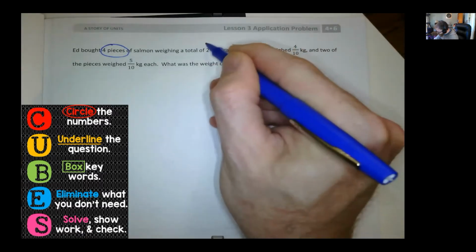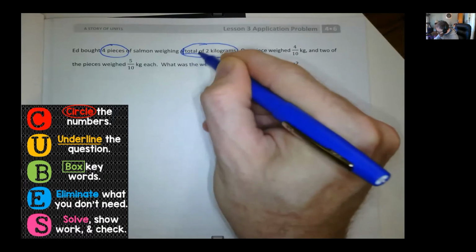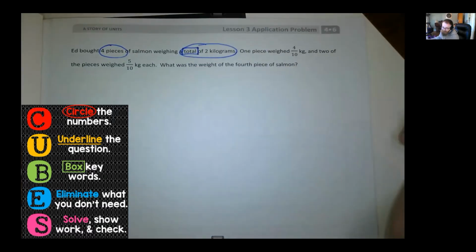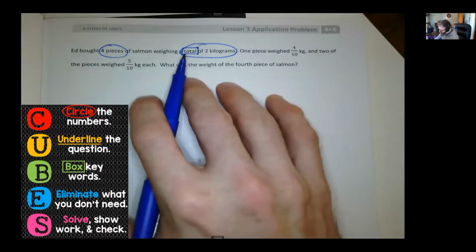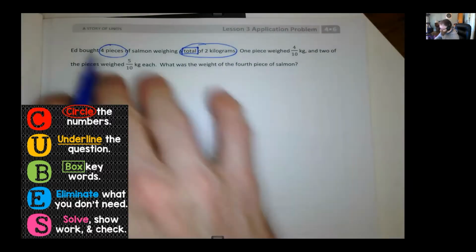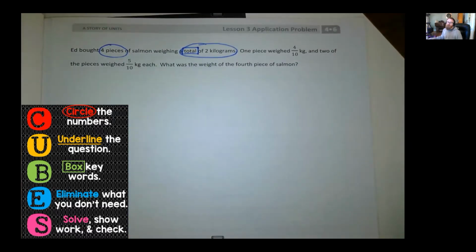They weigh a total of 2 kilograms. Remember that we box important math words that give us clues about how we're going to be solving. Total tells us that this 2 kilograms is going to be the answer that we come up with, the sum of this addition problem.